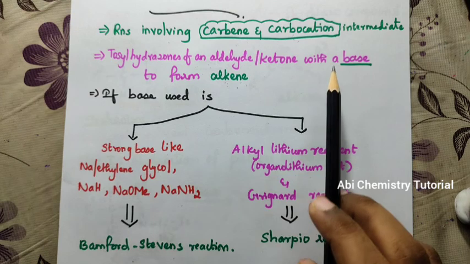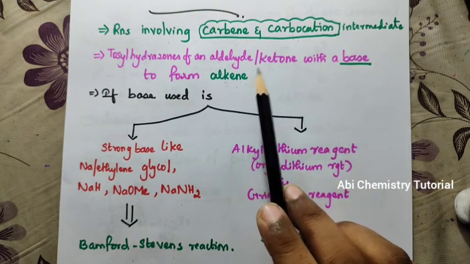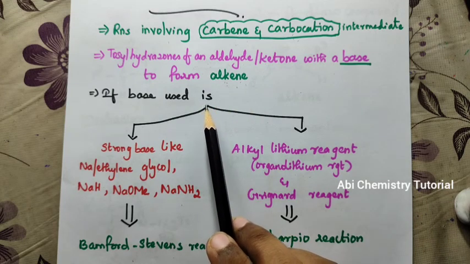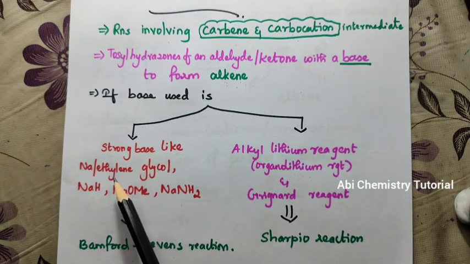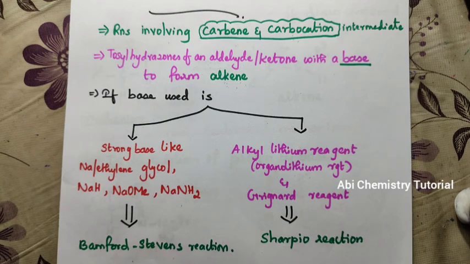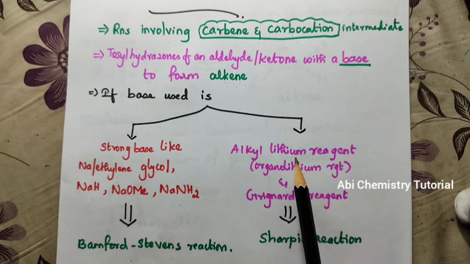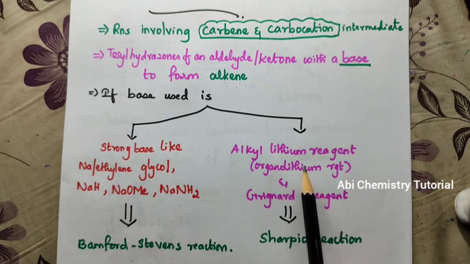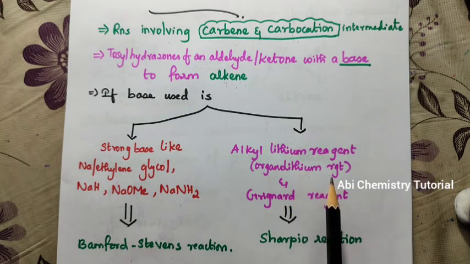So we are going to react the tosylhydrazones with a base, and the base used differs. If the base used is a strong base like sodium ethylene glycolate, sodium hydride, sodium methoxide and sodamide, the reaction is called the Bamford-Stevens reaction. In the same way, if the reaction uses a base like an alkyl lithium reagent, that is an organolithium reagent, or a Grignard reagent, the reaction is called the Shapiro reaction.